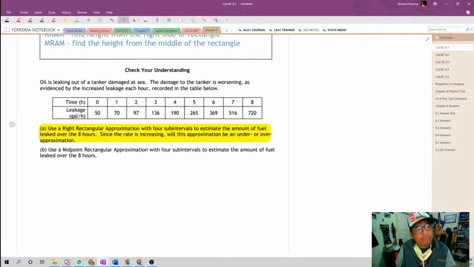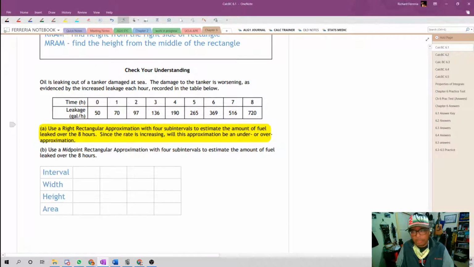I always say it's important for you to organize your data, so let's organize our data in a table. Now, we want 4 subintervals. If we're going from 0 to 8 and we want to split that up into 4, that means each interval needs to be a width of 2.